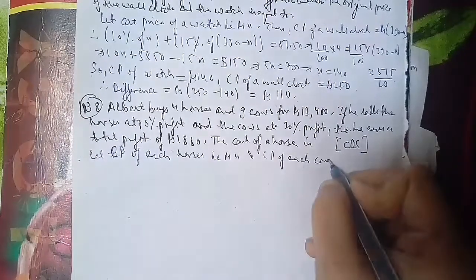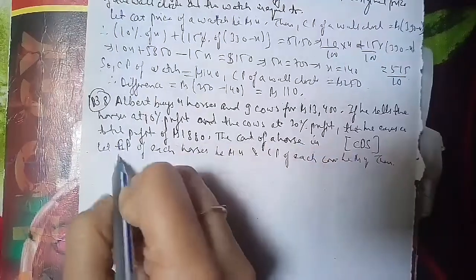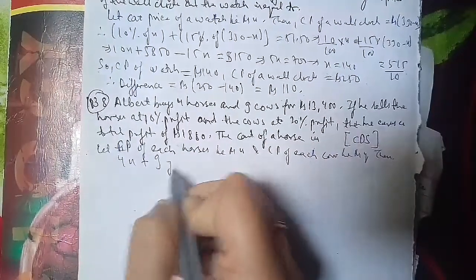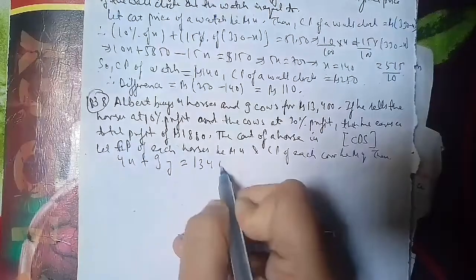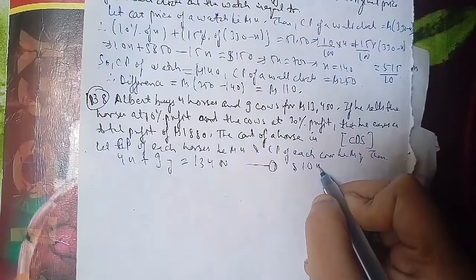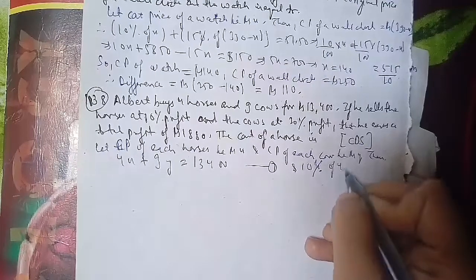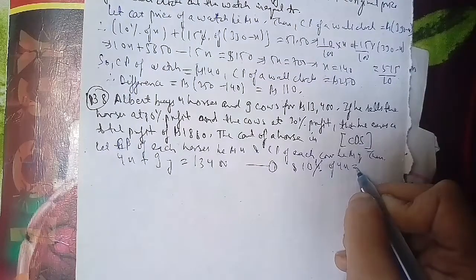This is the first equation. Then 10% of 4x plus 20% of 9y equals 1880.